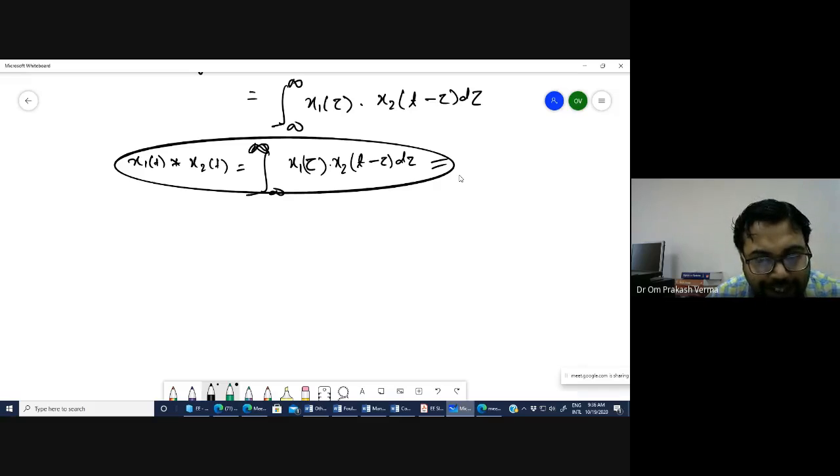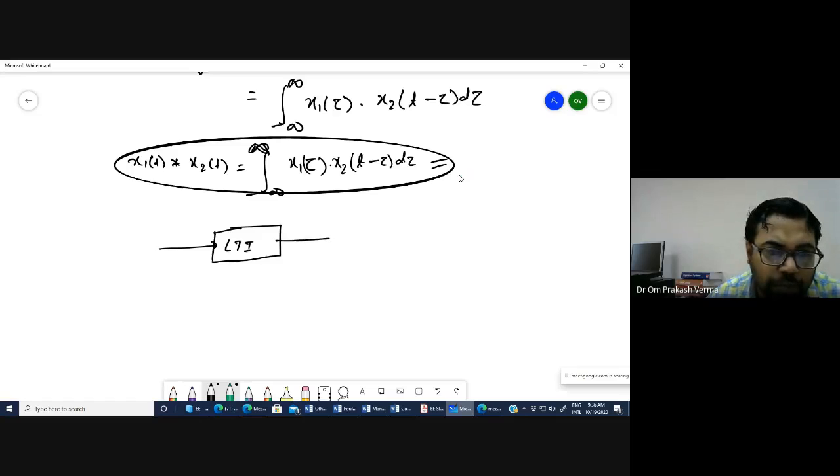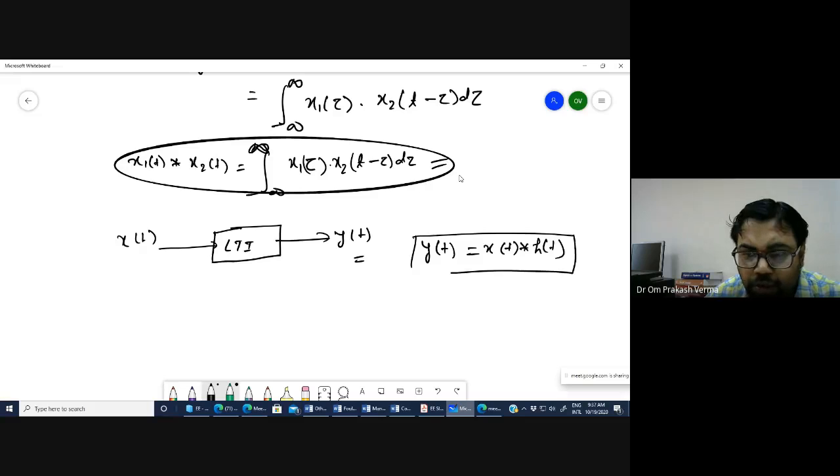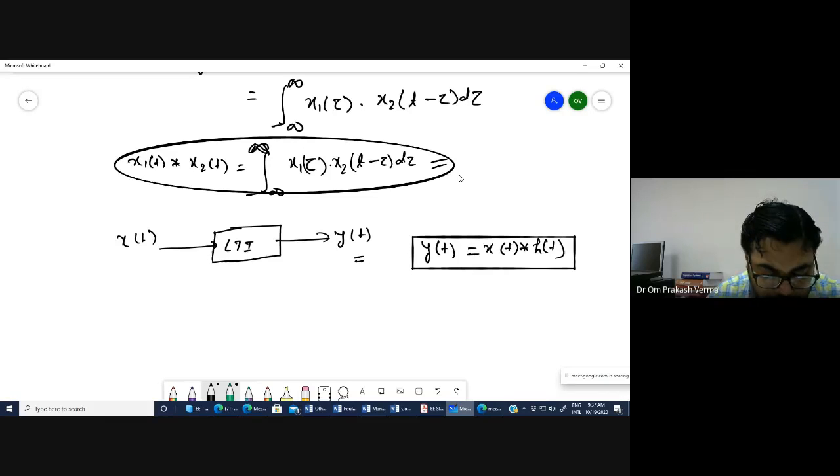So let's say this is the LTI system, and you want to apply some input x(t), and let's say y(t) is the output. So y(t), the response of this LTI system, may be computed with the help of the convolution technique, that is x(t) with h(t). What is this? This is nothing but the impulse response of the system.